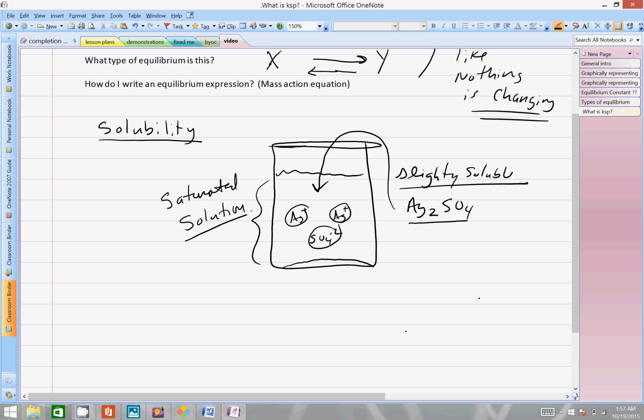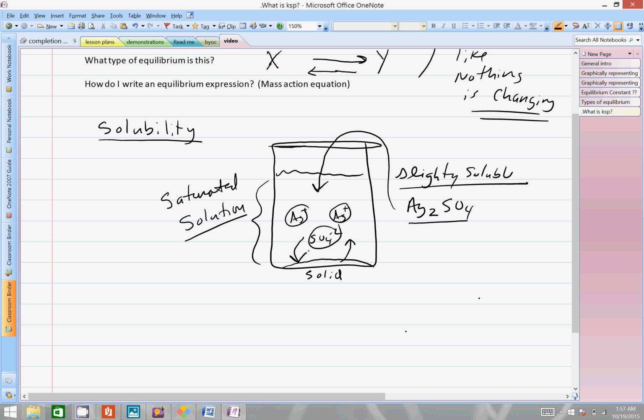This means that when we are saturated, and only when we're saturated, it would appear that nothing is happening. In order for this to be an actual equilibrium system, we need to have a solid on the bottom. Therefore, stuff is constantly dissolving and stuff is constantly returning.